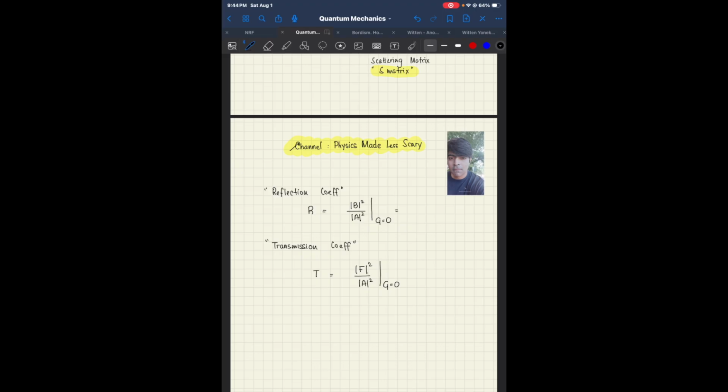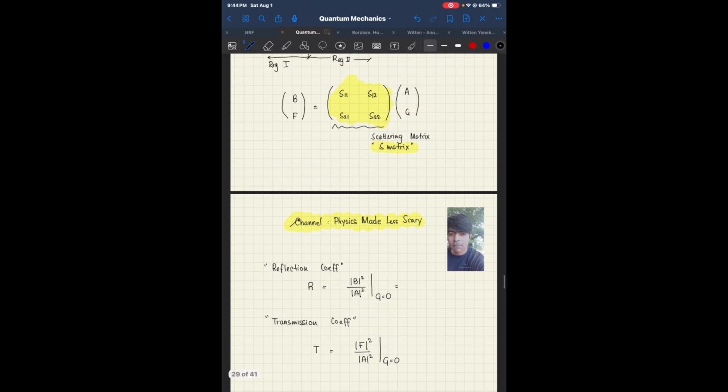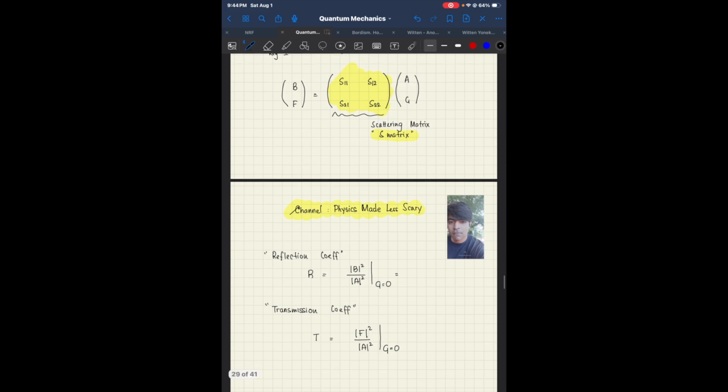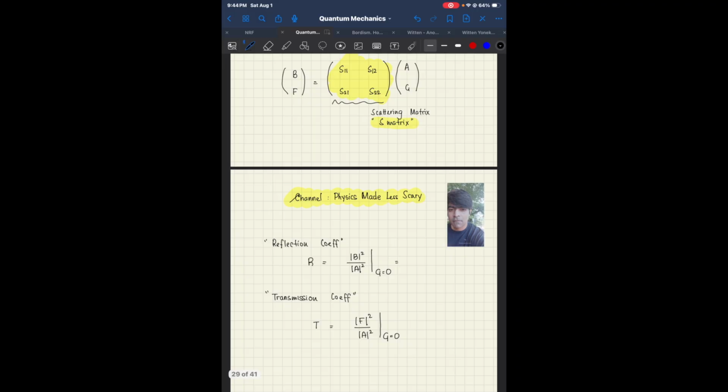And from this matrix, you see that these are immediately your S matrix elements, right? So for example, F square by A square would be, what would it be? S21, right? This is S21 square. Maybe S12. Let me check.